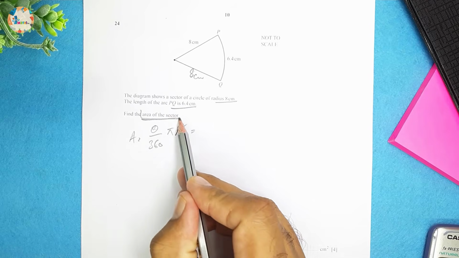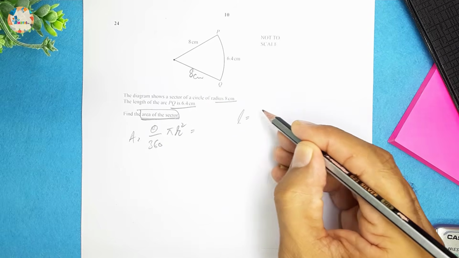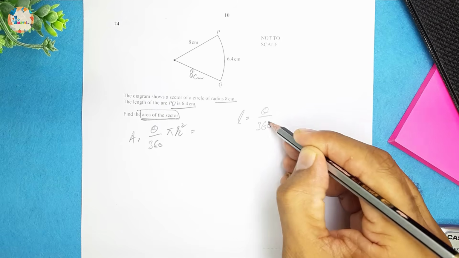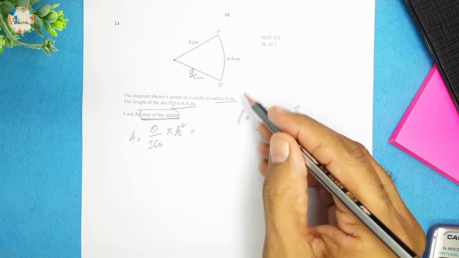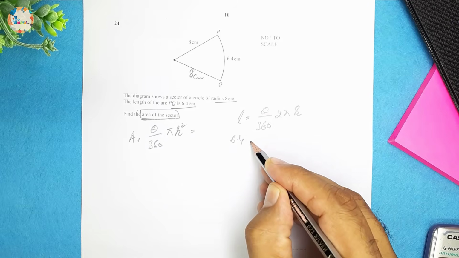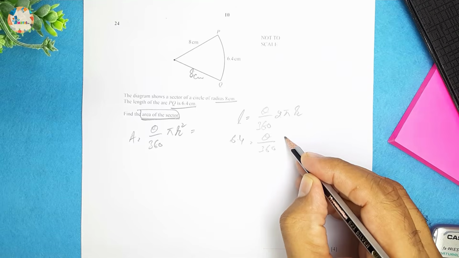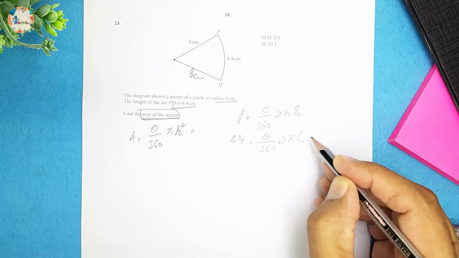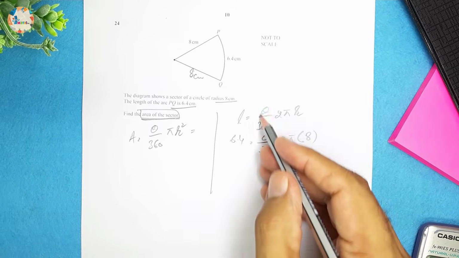We have to find the area of the sector, so we can write the length formula also. Length is equal to theta over 360 into 2 pi r. Now we have length which is 6.4, so we will replace this one, and theta over 360 into 2 pi and r is 8, so we will replace this one. So we will find theta from this equation.